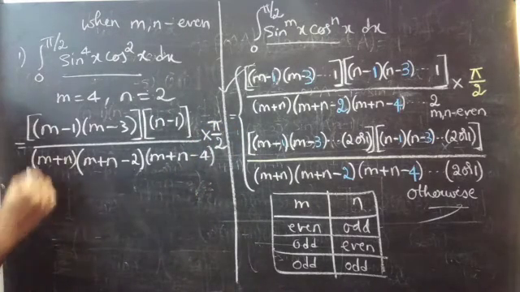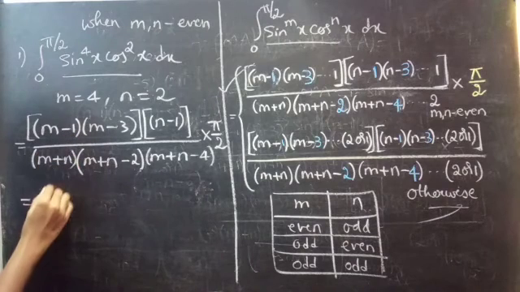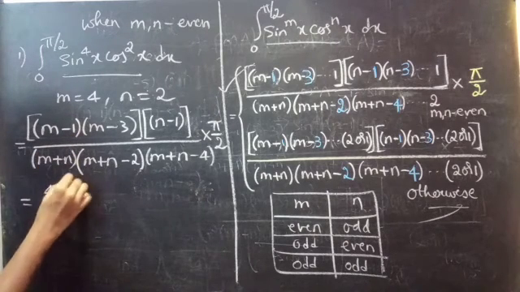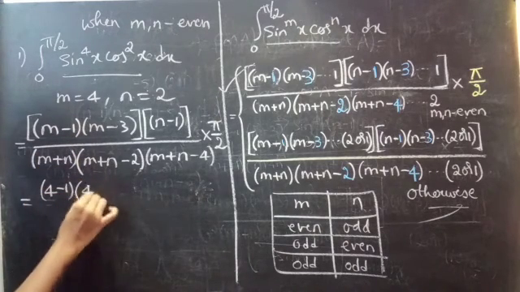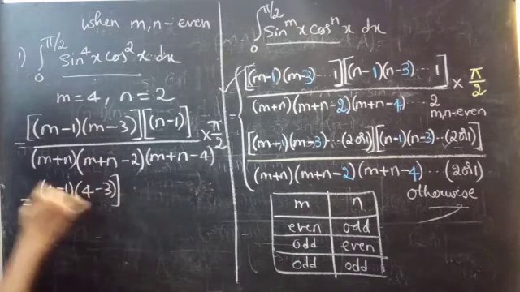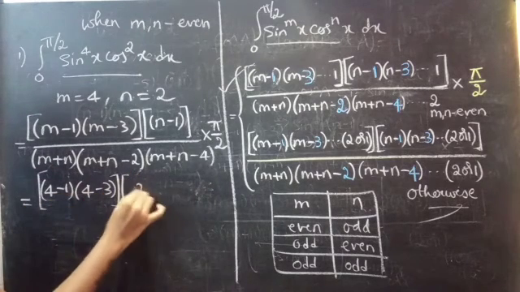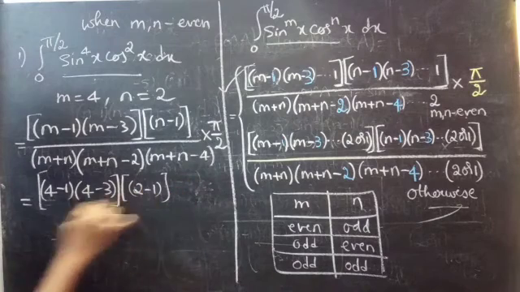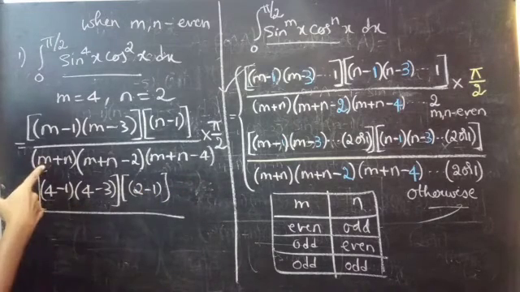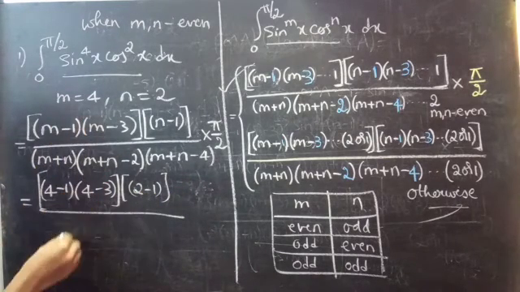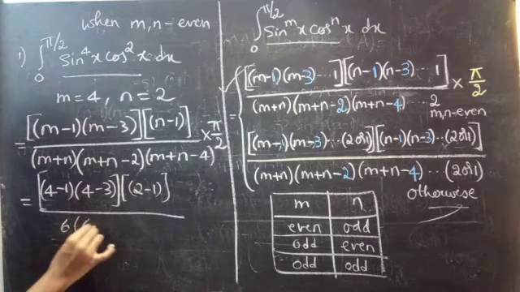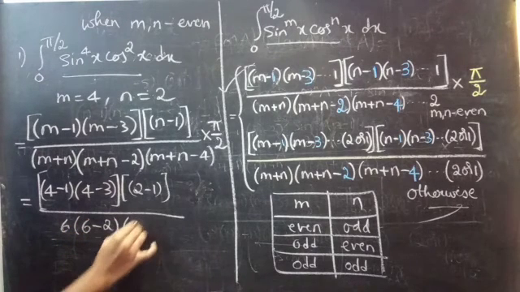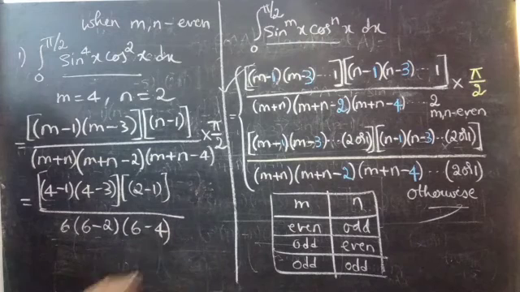So this is equal to m minus 1, that is 4 minus 1, into 4 minus 3, into 2 minus 1, divided by m plus n, 4 plus 2 is 6, into 6 minus 2 into 6 minus 4. Okay.